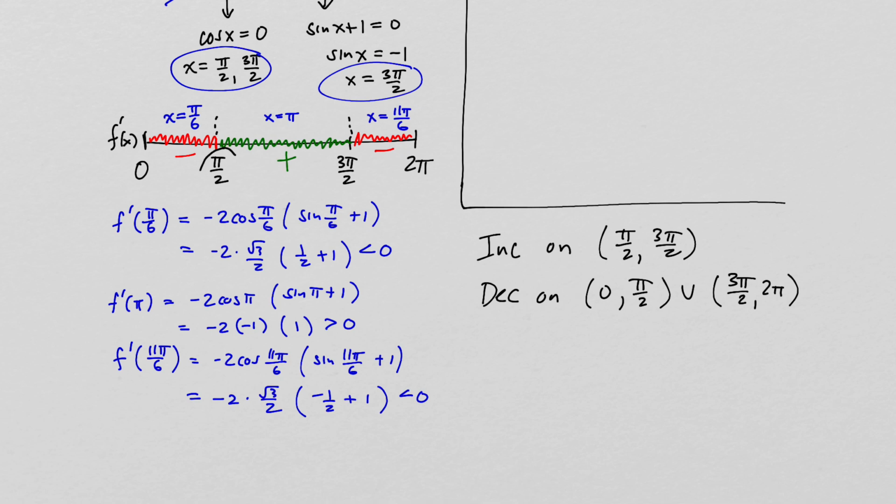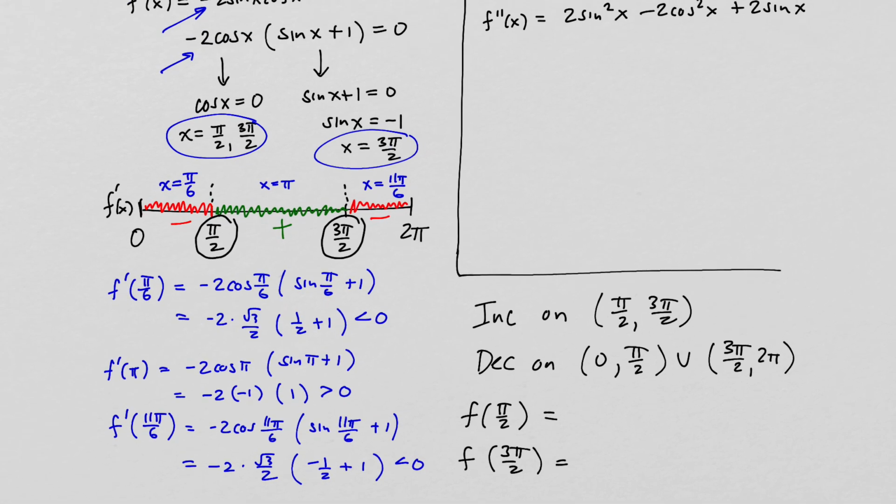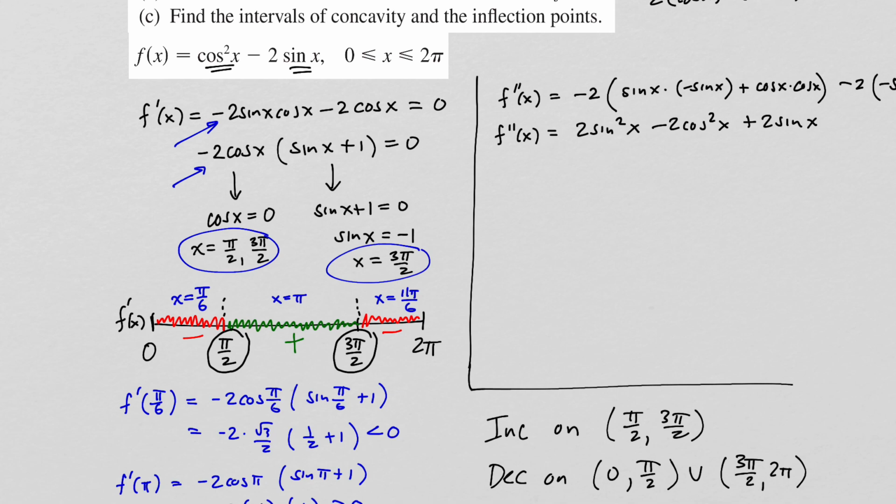Furthermore, we know we have a local minimum here and a local maximum here. So f of pi over 2 is a local minimum, and f of 3 pi over 2 is a local maximum, and we got to plug those back into our original function, which is this function right here.